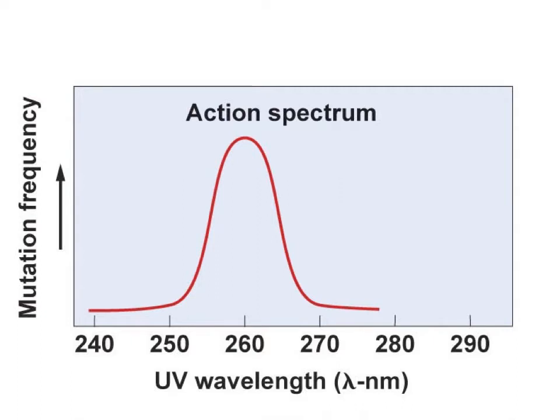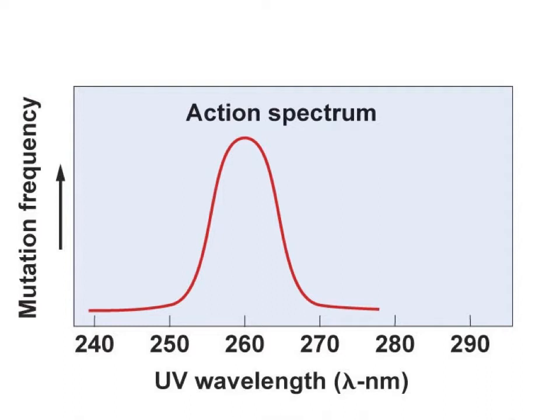These findings were substantiated by the observation that there is a particular range of the UV spectrum in which genetic information seems to be changed or mutated. So at high levels of exposure to a very narrow range of UV light, that genetic information gets changed.